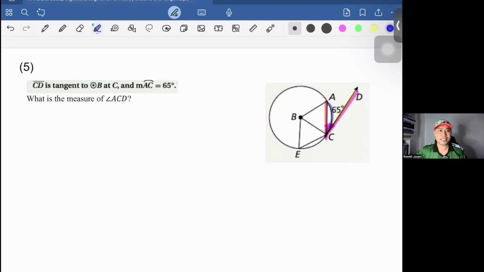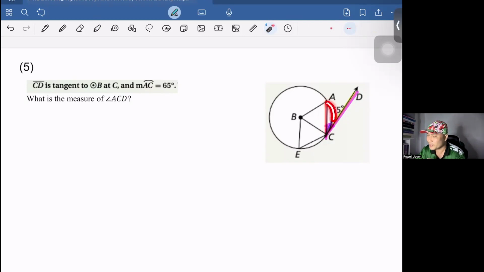All right, let's now discuss number 5. CD is tangent to circle B at point C and arc AC is equal to 65. What is the measure of angle ACD? Because we have a tangent and a chord, sometimes a secant, when a secant or a chord intersects the tangent segment at the point on the circle, meaning they intersect at the point of tangency, the measure of the angle formed is equal to 1/2 the measure of its intercepted arc.